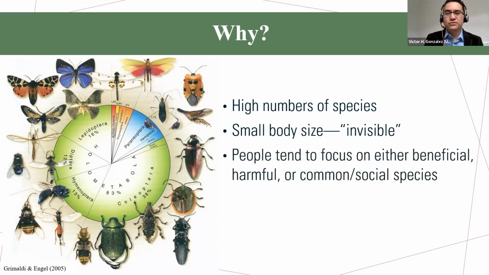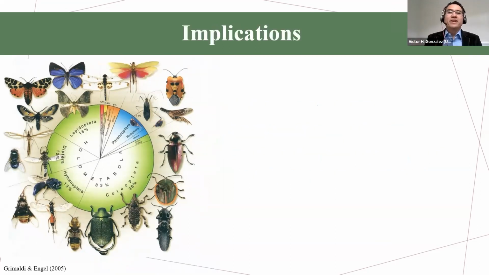And we tend to focus on those that are either beneficial, like those making honey, harmful, those that sting, or that are very common locally, right? So those are the explanations that I have for this pattern that I have seen in different groups across the Americas, and also now in this area that is highly diverse for bees, but where the people don't know much about it.